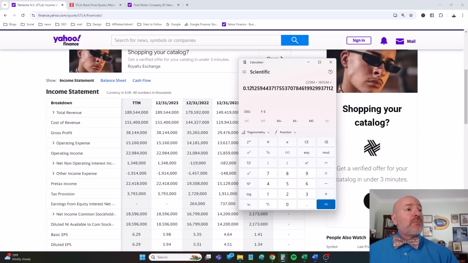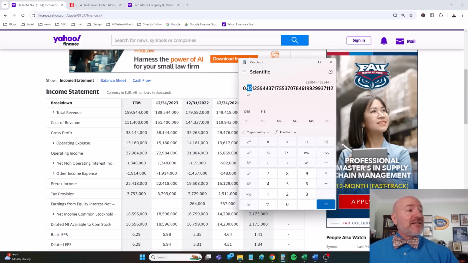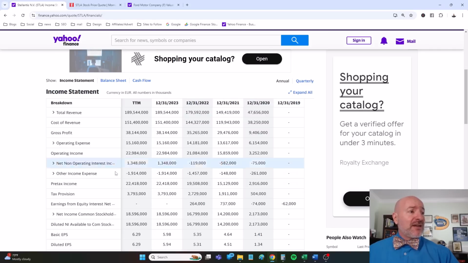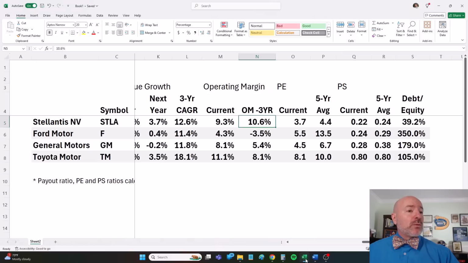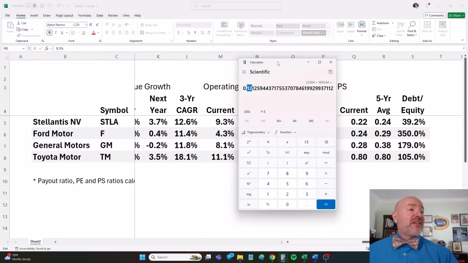Now that says 12%. Okay, so obviously there is a difference there, and Yahoo is calculating their operating margin slightly differently. So if you are going to use, for example, this 3-year one, which we will in this back here, then you're going to want to use the same calculations. So here I would want to update this to what the calculations say on the financial statement.